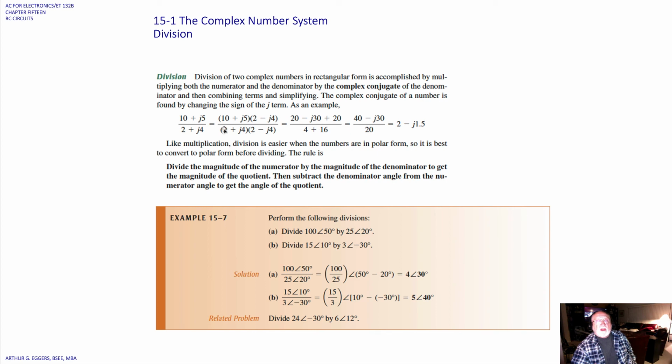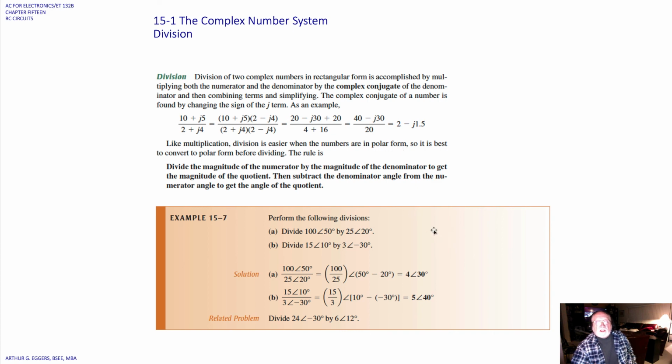We lose the j, so we end up with 4 plus 16 in the denominator. So 40 minus j30 divided by 20: 20 goes into 40 2 times, 20 goes into j30 1.5 times. Like multiplication, division is easier when the numbers are in polar form.